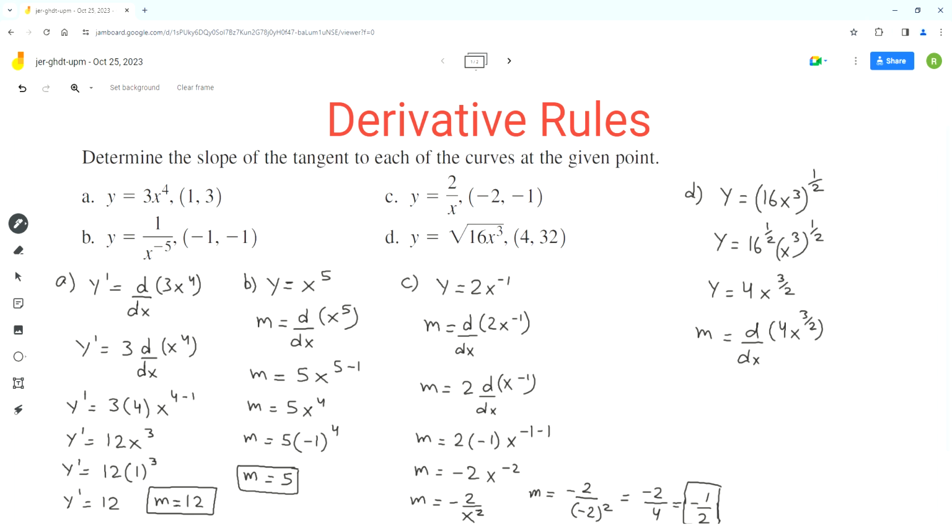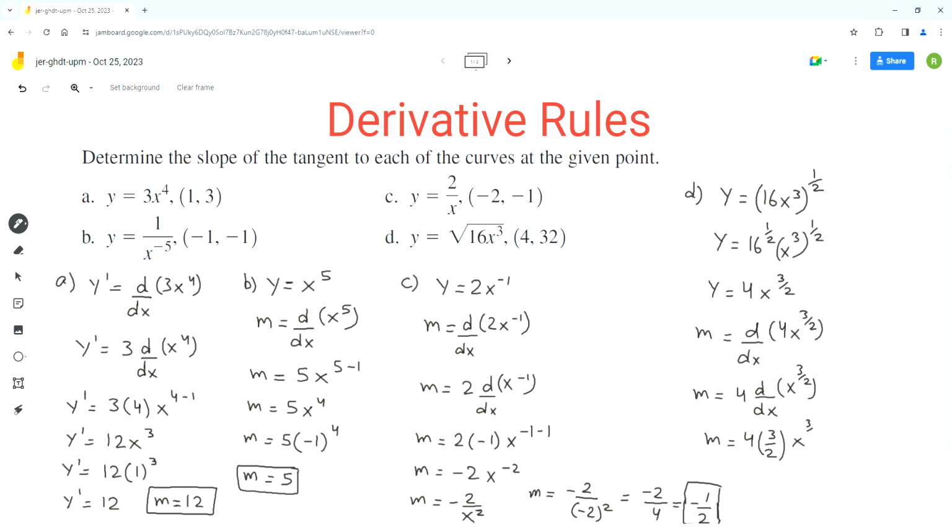Now we can use the constant product rule. So we can move the 4 outside the expression. So we get 4 and then the derivative of x exponent 3 over 2. And now we can use the power rule. So we get m equals 4. So we'll multiply 4 by 3 over 2 and then we'll subtract 1 from the exponent.